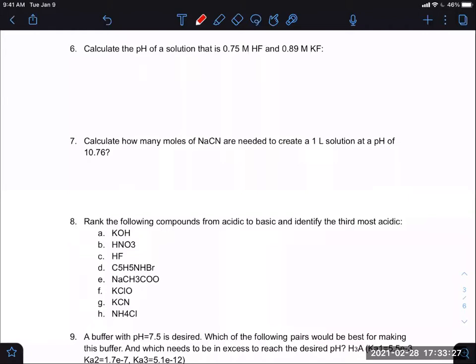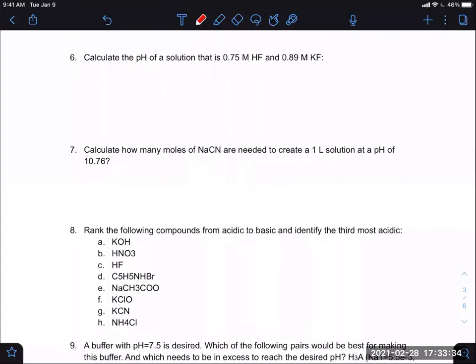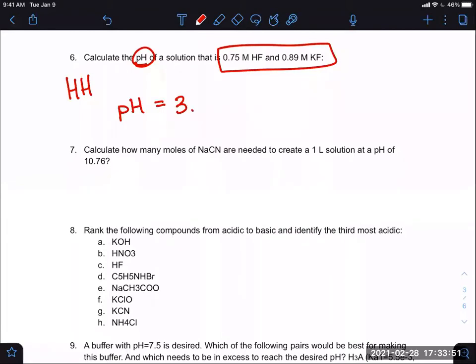Calculate the pH of a solution that is 0.75 molar of HF and KF. The first thing I see here is a buffer solution, right? That should be sounding alarms. Buffer system, the only equation I know is the Henderson-Hasselbalch equation. So we're looking for pH equals pKa plus log of, this KF is basically just F minus.